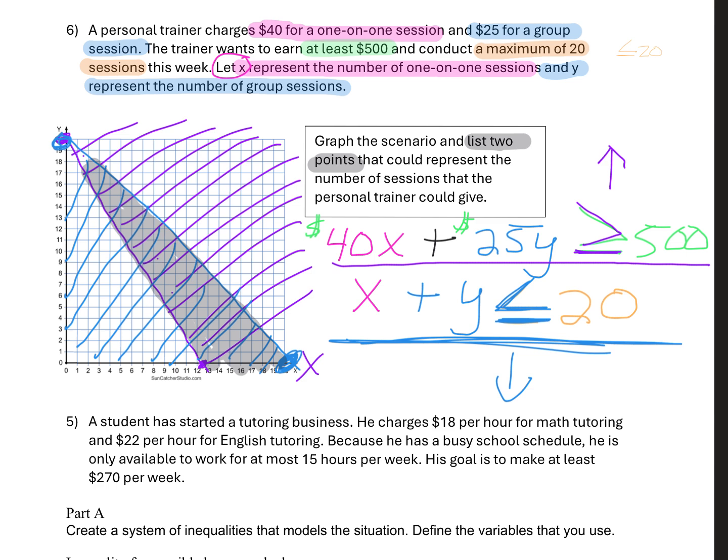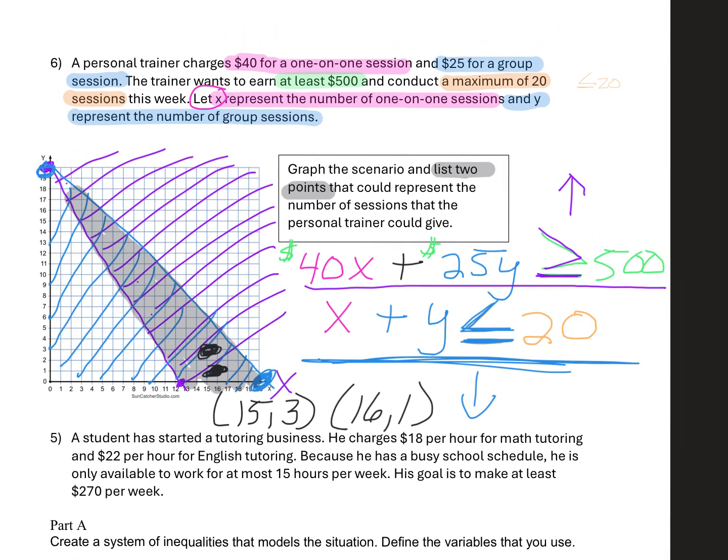And so 2 possible solutions that fall in that region are 15, 3 and 16, 1. 15, 3 is right here, and then 16, 1 is right here. But as long as you choose any coordinate that falls within that region where the 2 shades overlap, you're in good shape.